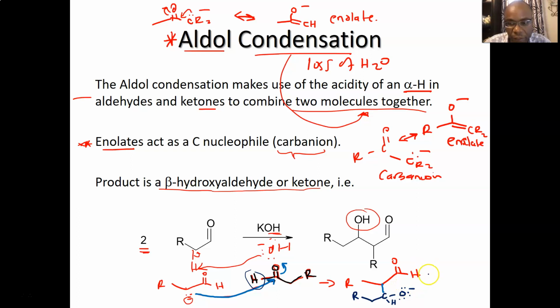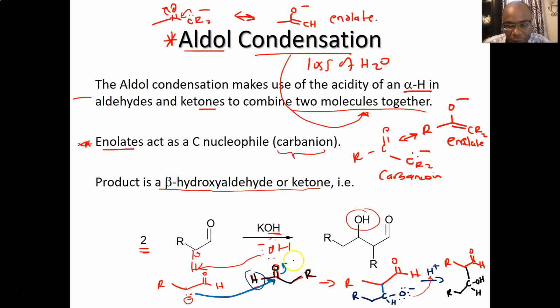Now what do you think happens if you add an acid? If you add an acid, the O minus will grab the acid, so you end up with this combined structure. So you end up with OH, the hydrogen, and the black R group.